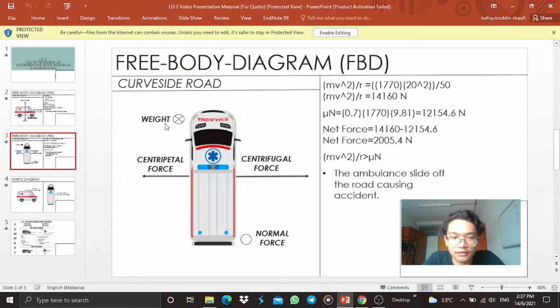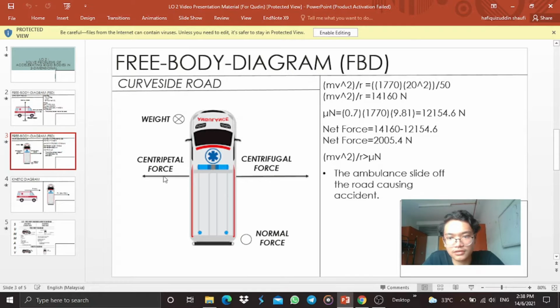For the curved side road, the FBD is shown like this. We have a centripetal force, and we have the centrifugal force, and we have the weight and the normal force. We can find the centrifugal force by using this formula, mv squared over r, and plugging in all the values, we can get 14160 for the centrifugal force.